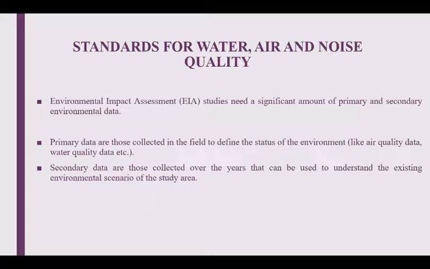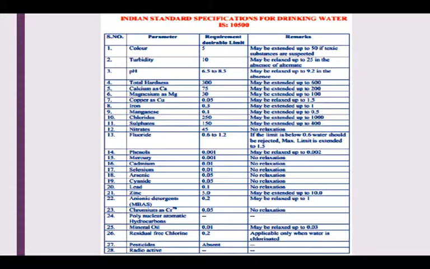With the help of all of them, a joint effort leads to the collection of all the data. Now, the standard specifications for water, air, and noise can be seen in the coming slides.